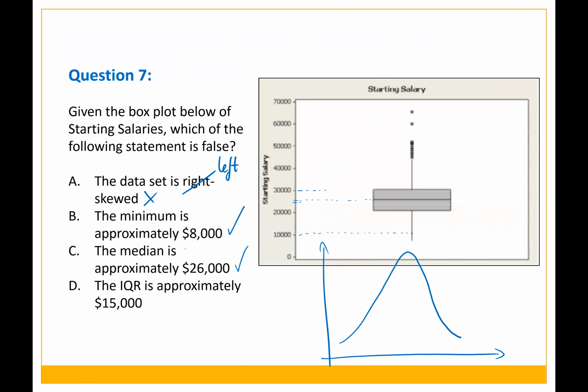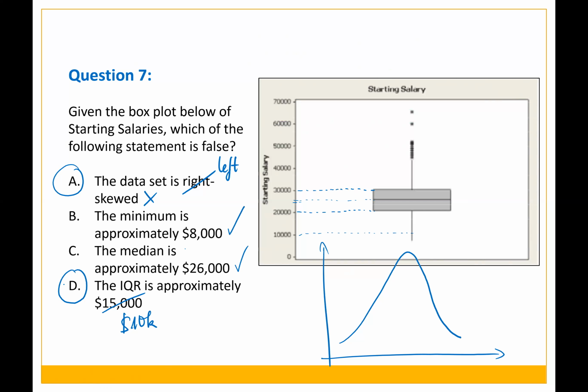I would say Q3 is around 30,000 and Q1 is around 20,000, so the IQR is around 10K. So A and D are kind of wrong because the IQR is just around 10K.